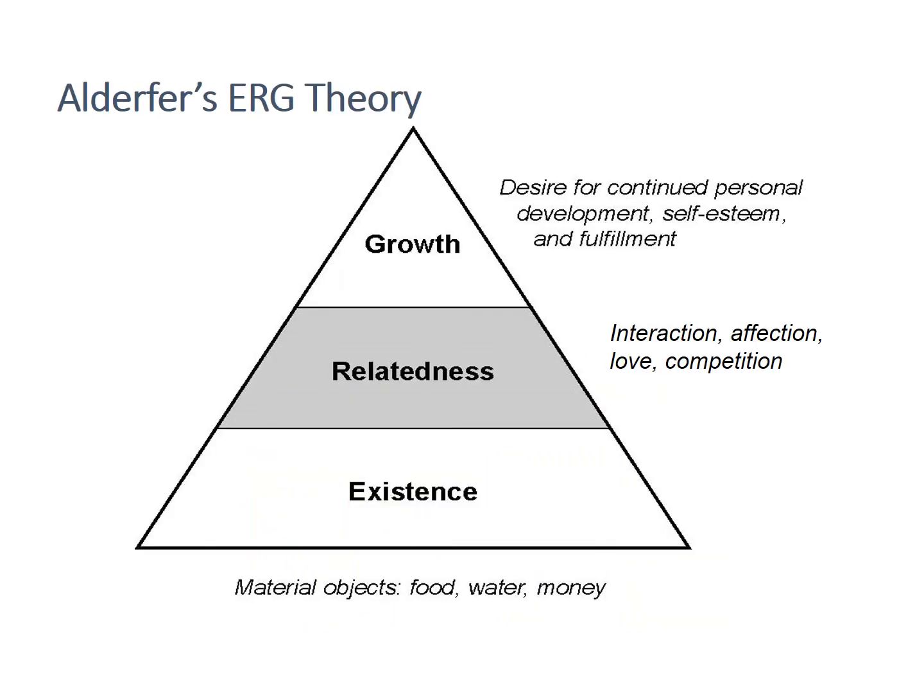If we look at the ERG theory, you've got the existence level, which is probably similar to the psychological and safety needs, and then you've got the interaction, affection, love, and competition, which is similar to the love and belonging, and up to the self-esteem needs in terms of Maslow's hierarchy of needs.